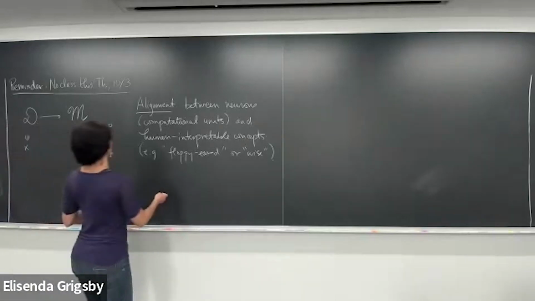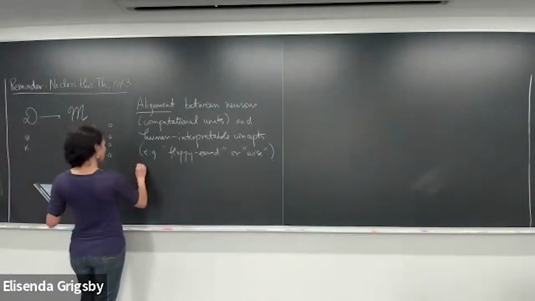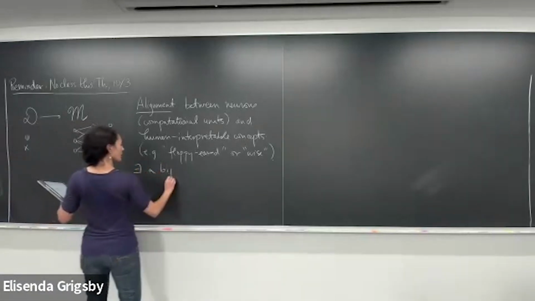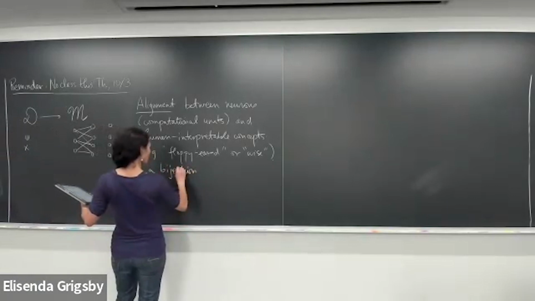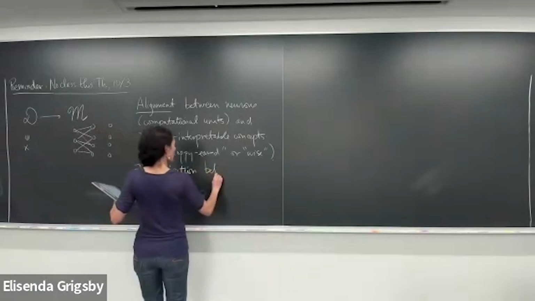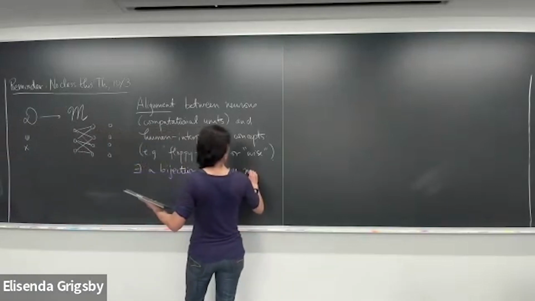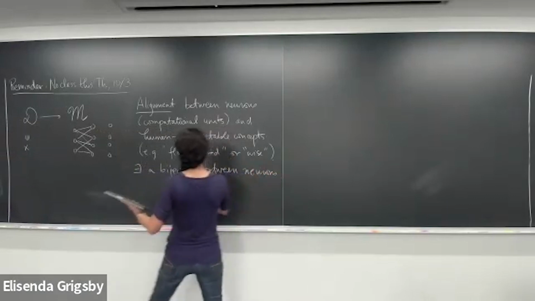That means there exists a bijection, a one-to-one correspondence, between neurons and concepts.